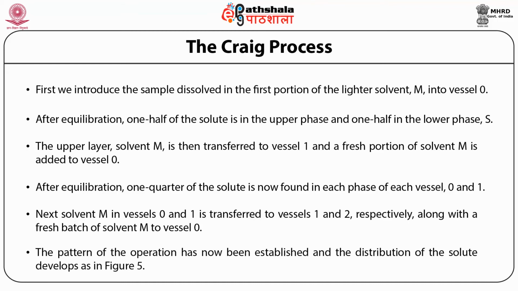The pattern of the operation has now been established and the distribution of the solute develops as explained in figure 5, in which the vessels are labeled across the top and the number of transfers labeled down the side.